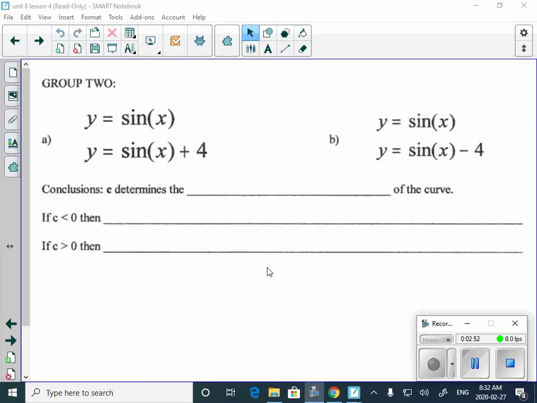The next set of transformations that we're going to look at are when I add or subtract a number at the end of the function. When we did that to a quadratic, that was also a vertical change because it's away from x on the outside of the function. I expect this would be a vertical translation up or down.